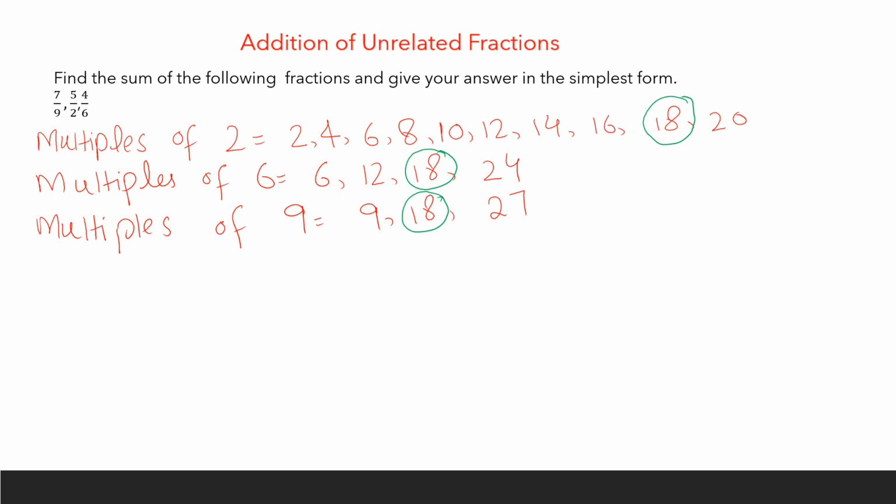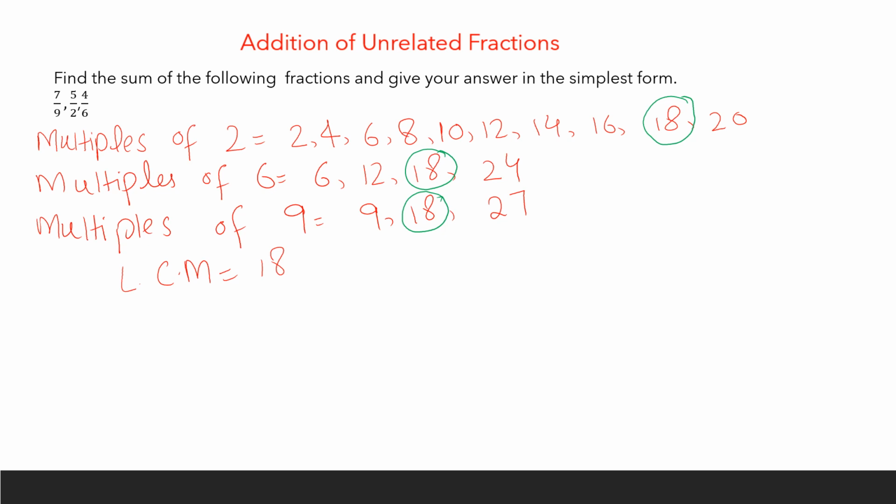So 12 is not common here. If you want to pick the common one, please make sure that it is common in the multiple lists of all the denominators, like 2, 6, and 9. So in this case, our LCM is 18.